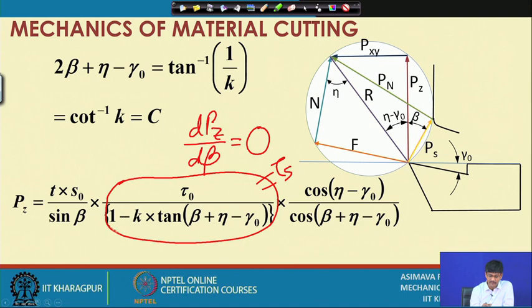So, we can remove it from consideration by just keeping the original value of tau s here. So, let us replace these values and see what happens.